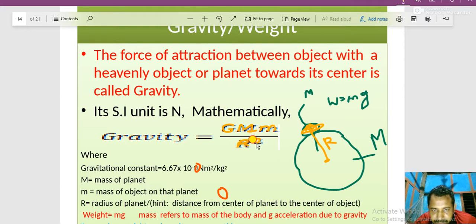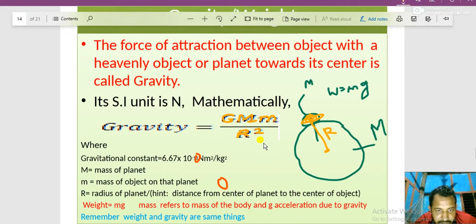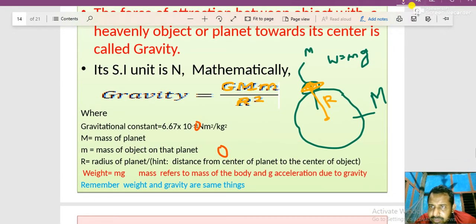Okay, let me read down. The gravitation constant value, let me erase this, is 10 to the power minus 11 Newton meter square per kg square, because you have to mug up this formula, I have told you before. Keep M equal to the mass of the planet, m is the mass of the object, and r is the radius.